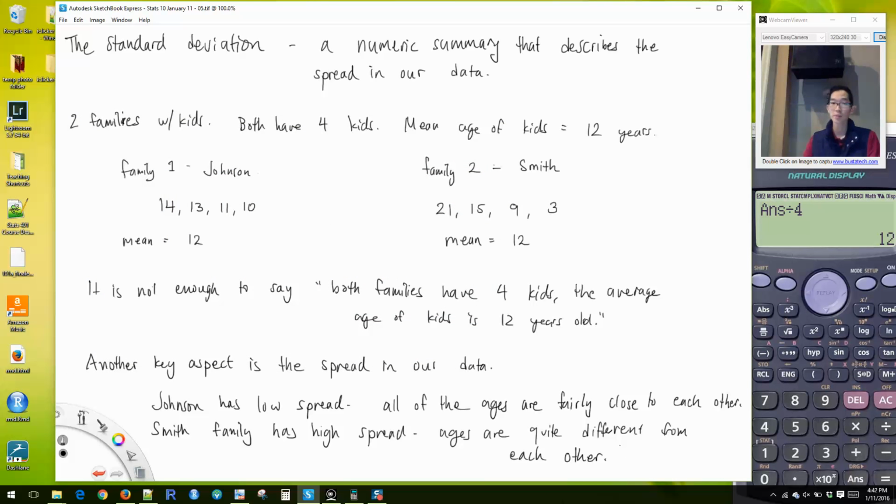And so this concept can be applied to any numeric data set. We can talk about this idea of variation or spread. Are the values quite similar to each other? So think of the ages of students in your 10th grade English class. Not everybody has the same age, but they're all very close.